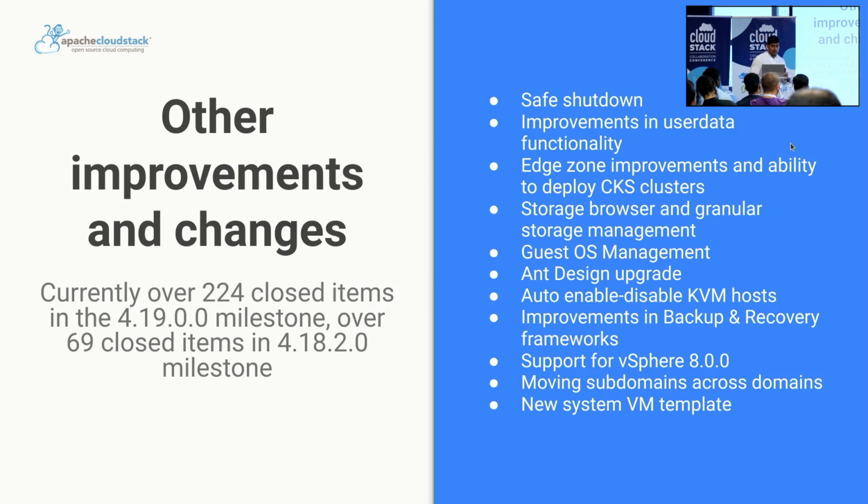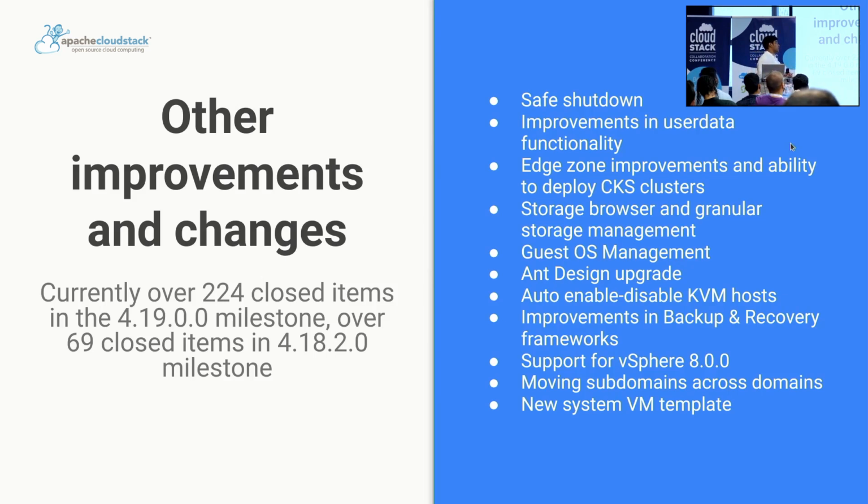We have this feature of safe shutdown, where the CloudStack management server will try to wait till any pending asynchronous job is completed. Then we have multiple improvements in user data functionality. Hari might be doing a talk on it tomorrow. So we have added things like concatenating or using multiple different user data types.